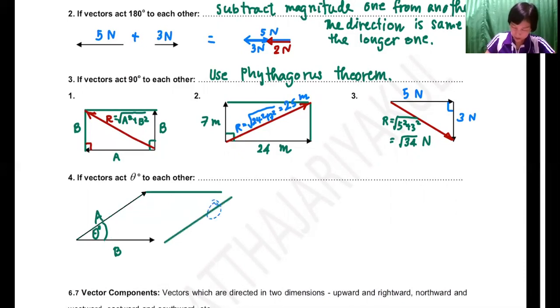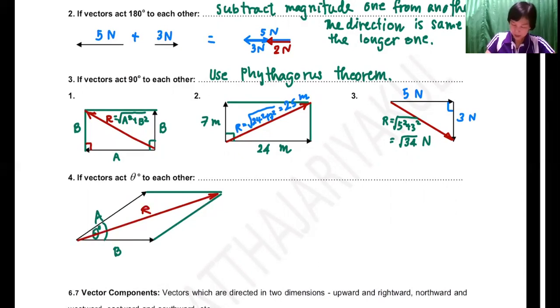I will move it here. So here we already got the parallelogram. And then our resultant will start from the tail of both vectors to the opposite corner here. This is our resultant. How much is its magnitude?